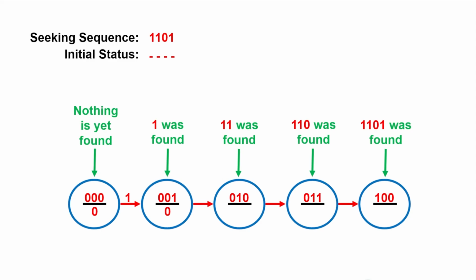And of course, the full sequence has not been found until we get to that state. Now, this makes more sense to me. I didn't like having the final report be on the state transition path. I like it to be in the state, where when we found the sequence, then we also can find within that state the one that reports to the output Z that it's time to party because we have found the sequence.